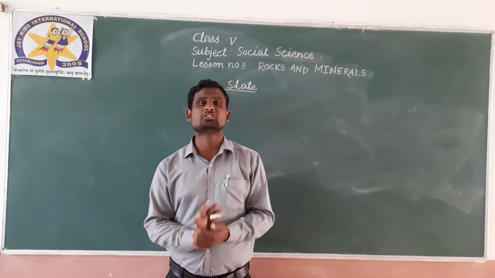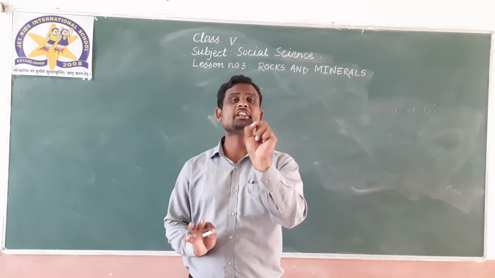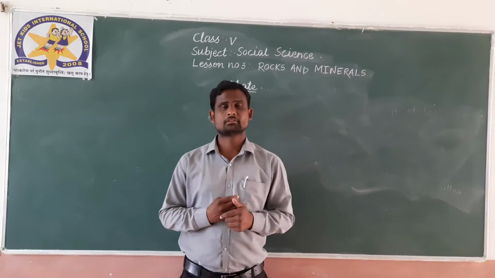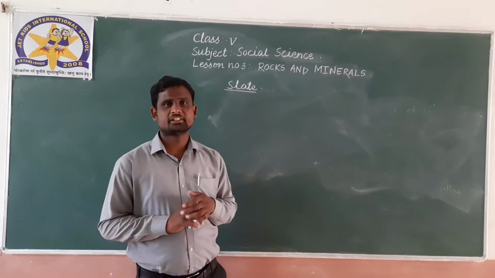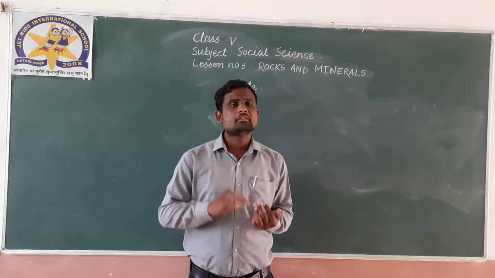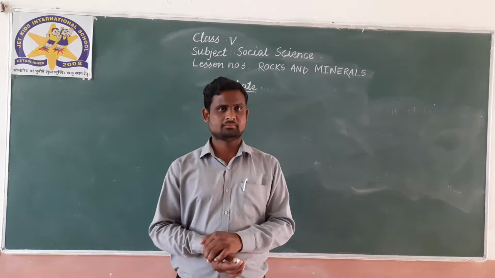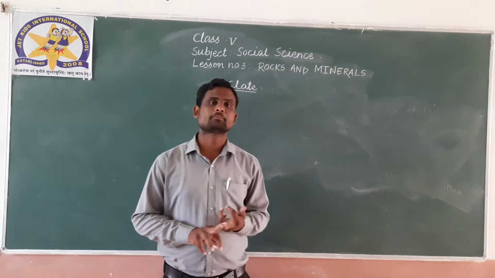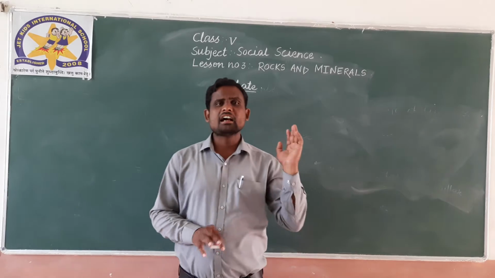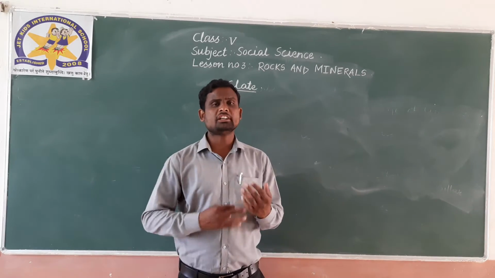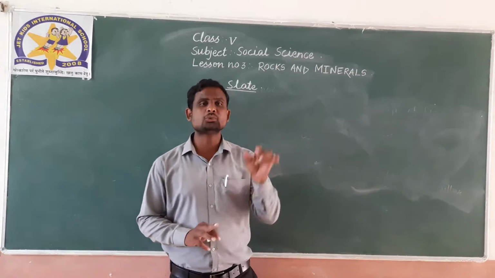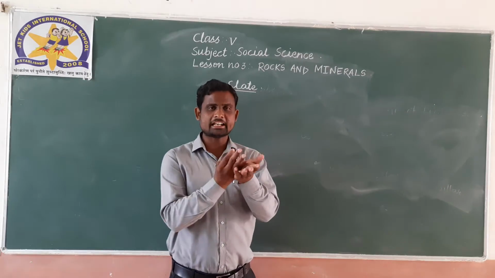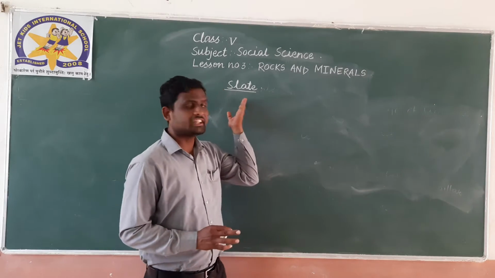After that, slate is available in black or grey color. What is the color of slate? Black or grey. And slate can be easily split or broken into thin layers.